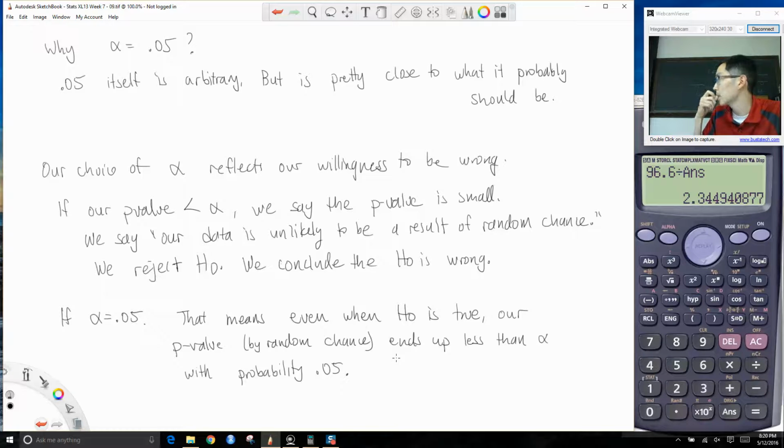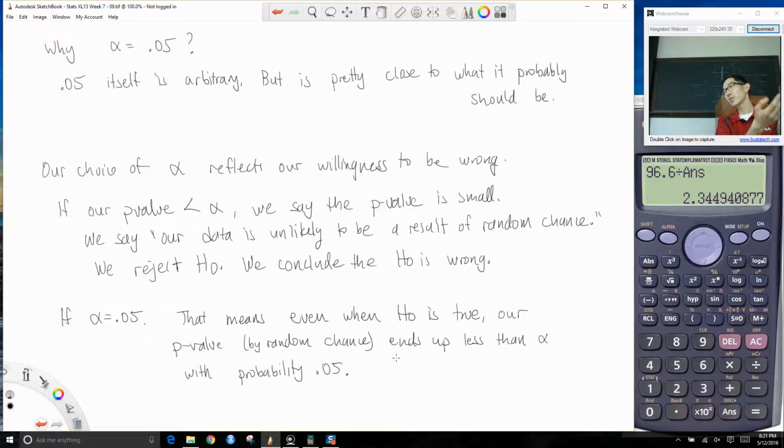Basically, when we look at our data, we're just asking, what's the probability that we got this data by random chance, okay? And so that means every now and then you're going to get a weird data thing, where when you calculate the probability associated with the data, it's only 2%.